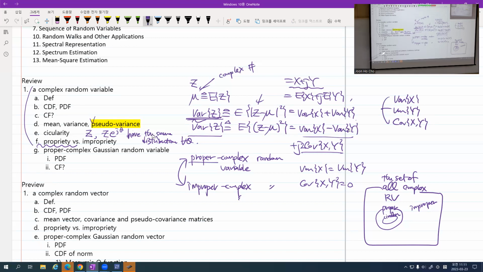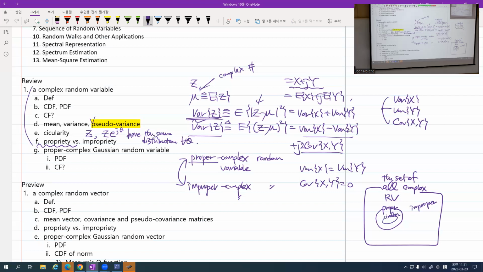And in addition to them, we need Gaussianity. What does that mean? First, without propriety, a complex Gaussian random variable means what? The real part and the imaginary part are jointly Gaussian, real jointly Gaussian. That's simple, right? And in addition, we have propriety.